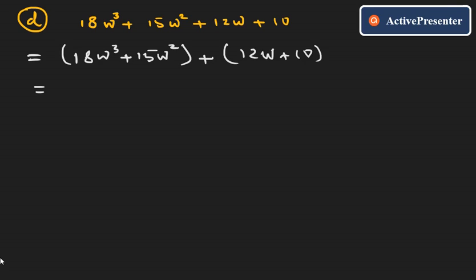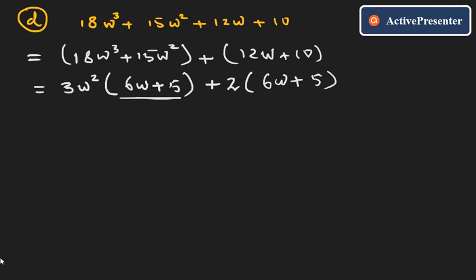If you take 6 outside, it cannot divide 15, so take 3 outside. 3 can divide both, right? And w squared. Okay, so we will be left here with 6w plus 5. What about here? If we take, for example, 2 outside, then we'll be left with 6w plus 5.